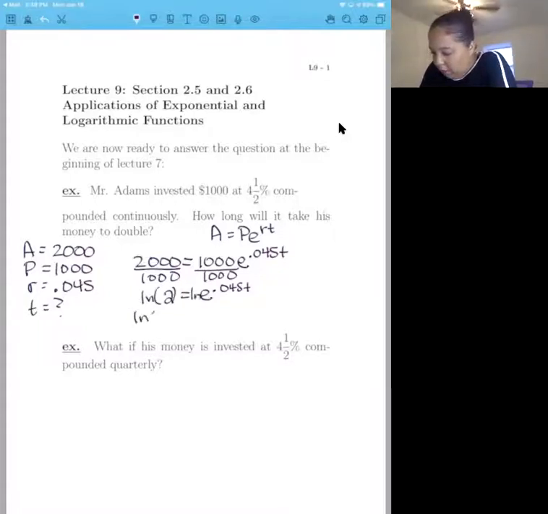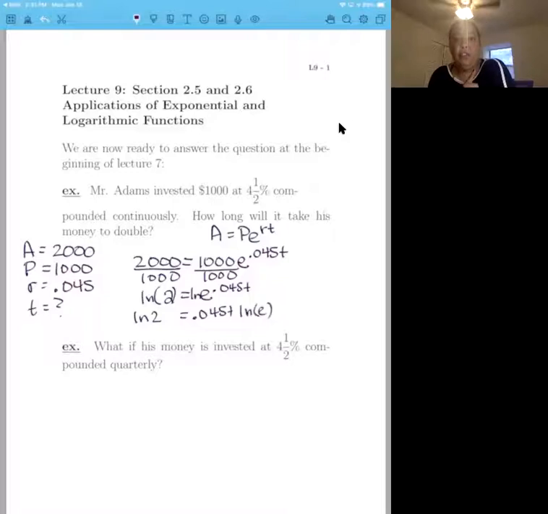So I have the natural log of 2 equals, now my law of logs says I can bring the exponent 0.045t out in front. So I have 0.045t times natural log of e. Now we know that the natural log of e is 1. And I'm solving for t, so I want to divide the natural log of 2 by 0.045, and that will give me t.